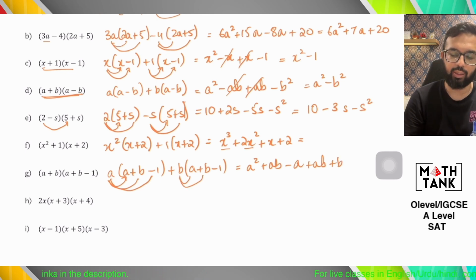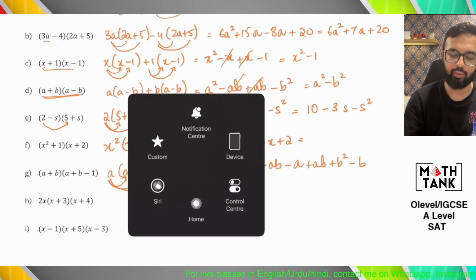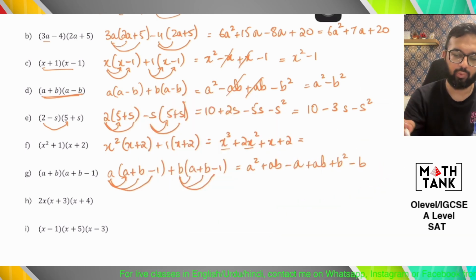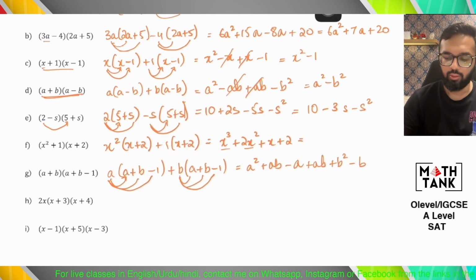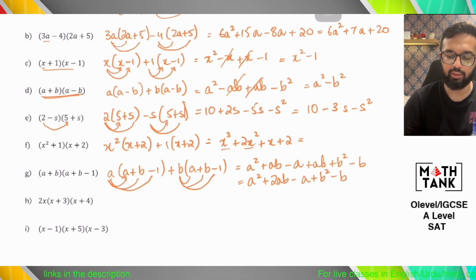Then that's b square and minus b. Okay, nothing cancels out in this case, so I'm going to have a square plus 2ab minus a plus b square minus b.